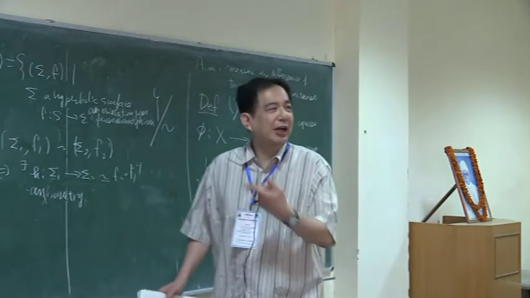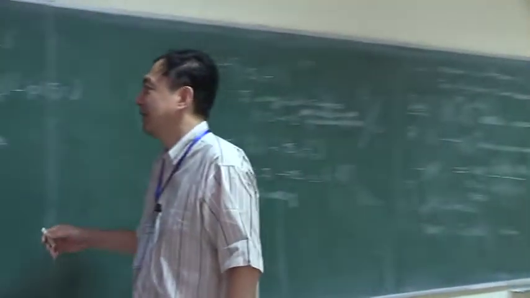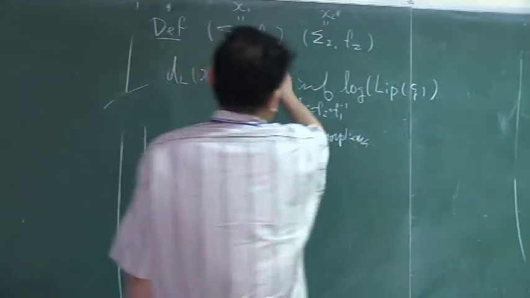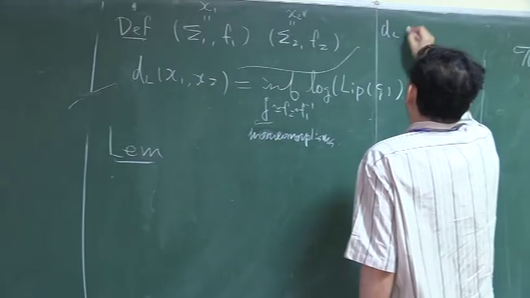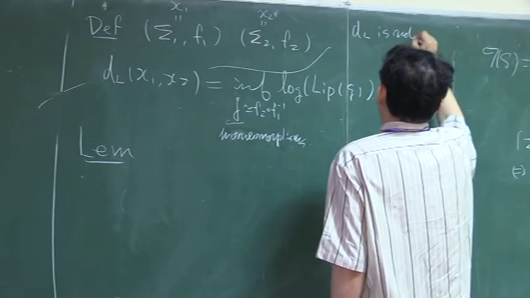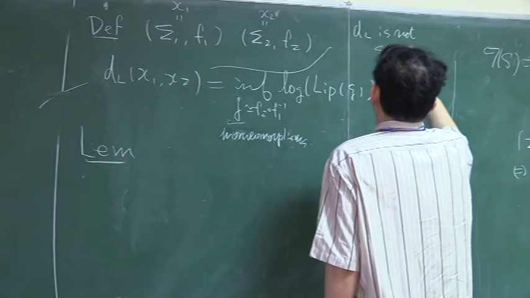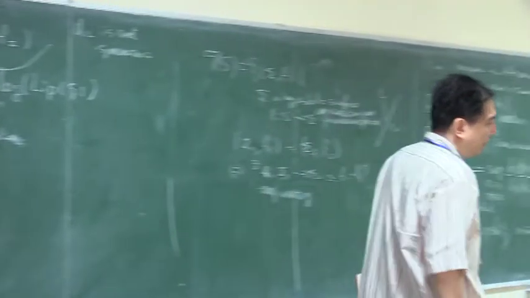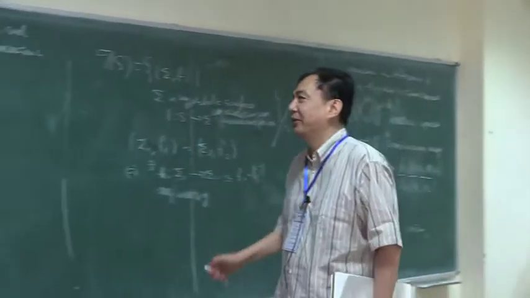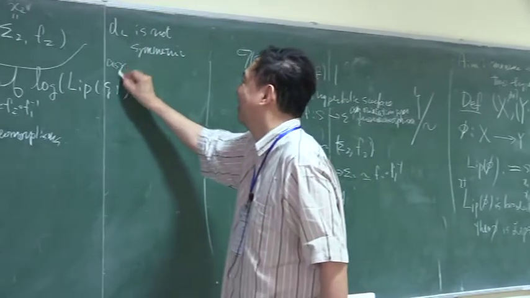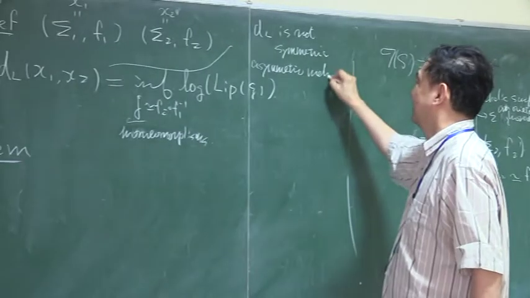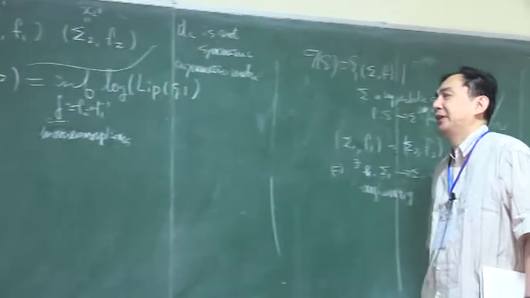But here we don't have symmetry. This d_L is not symmetric. So sometimes we call such a metric an asymmetric metric.